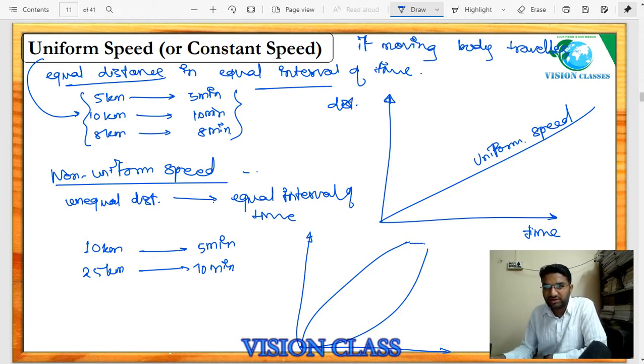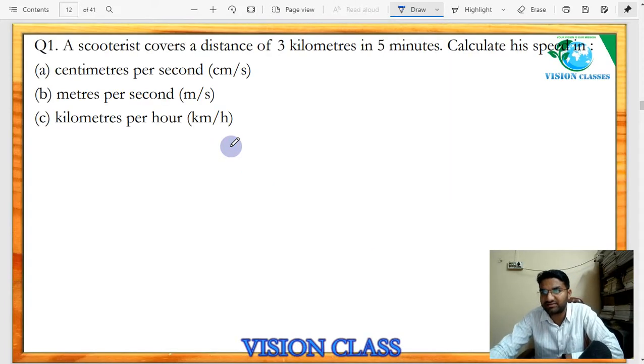And non-uniform speed is simply if a body moves unequal distances in equal intervals of time, then it's a non-uniform speed.